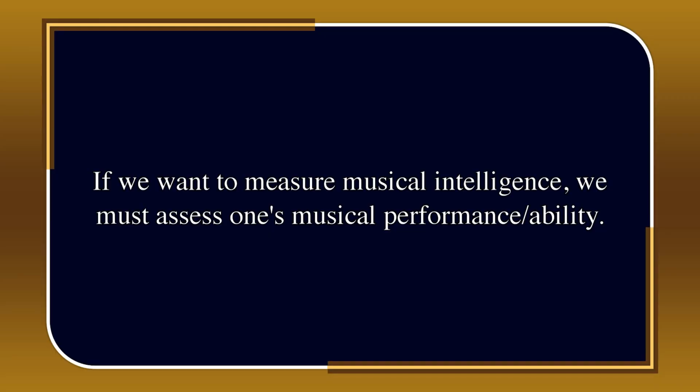We do not test intelligence in the traditional sense because intelligence is an abstract concept that cannot be quantified physically. In the case of measuring intelligence, we attempt to measure activities, potential, and abilities associated with the specific intelligence. For example, if we want to measure musical intelligence, we must assess one's musical performance ability.